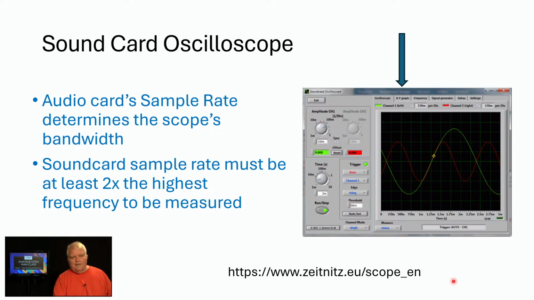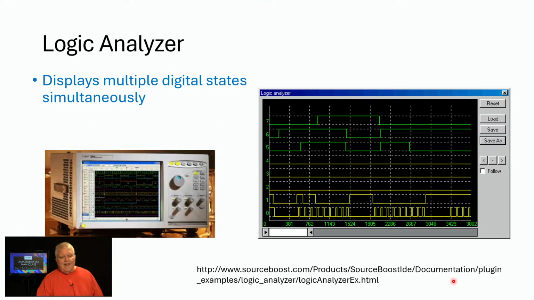You can play with all of this. And finally, a logic analyzer. It's a device that displays multiple digital signal states simultaneously. This is from back in the day when you were designing digital circuits with gates, AND gates, OR gates, NAND gates, NOR gates, exclusive ORs and whatnot, and you wanted to see the timing of signals reaching the gates and how they were activating.